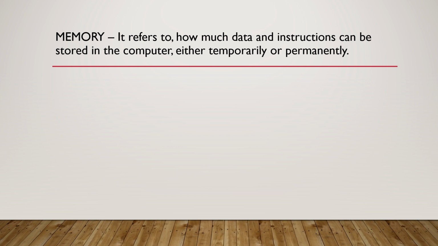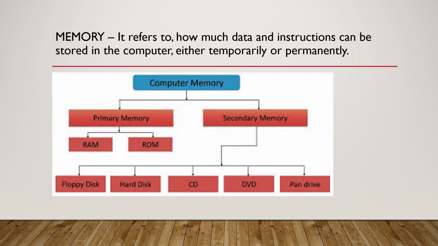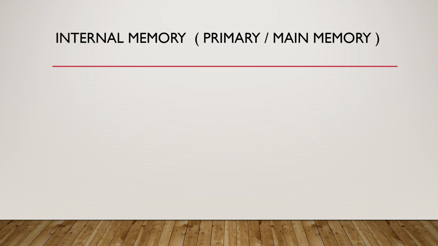The memory capacity of a computer determines how much data and instructions can be stored in the computer, either temporarily or permanently. Computer memory is of two types, internal memory and external memory. Let us discuss these types of memories in detail one by one.